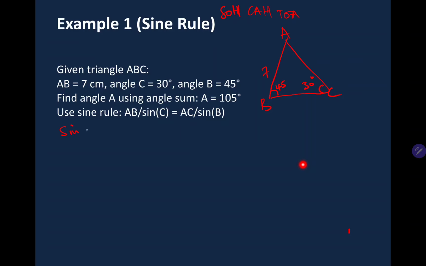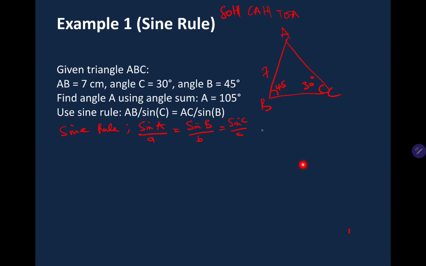And like I said before, the sine rule says that sine A, which is the angle, over the side a, is equal to sine B all over the side b, and is equal to sine C all over the side c. We denote the sides by small letters and the angles by capital letters.